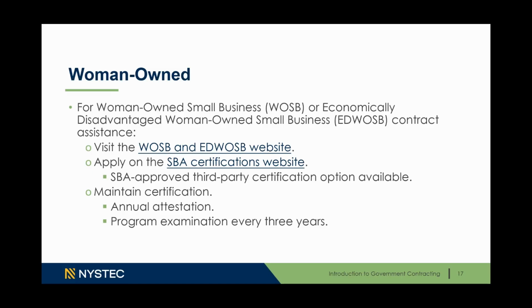Those are two specific certificate types. You actually need to apply to become a woman-owned or economically disadvantaged woman-owned business through the SBA. It's only for certain NAICS codes, so the certification isn't required for the NAICS codes outside that program.